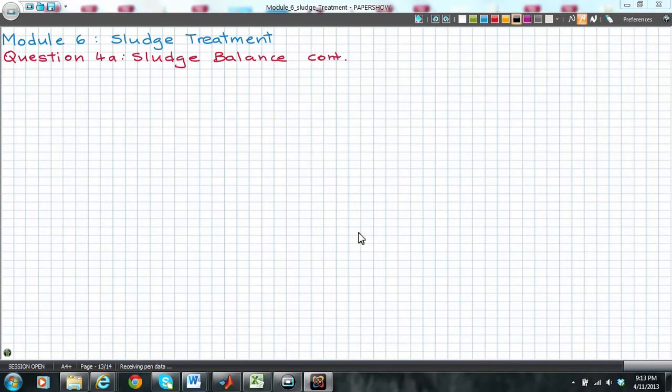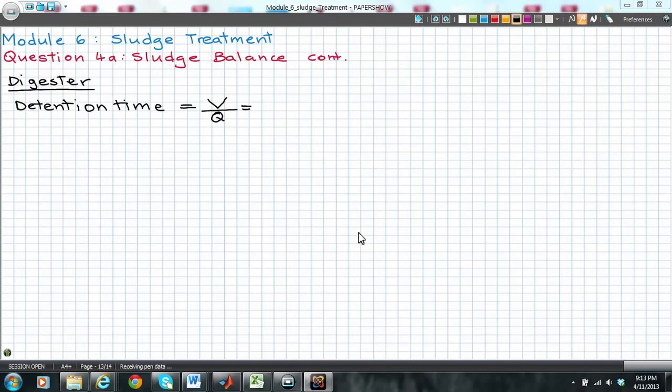So the next thing that we're asked to fill out in the digester is the detention time. And this can be calculated by the volume of the digester divided by the flow rate.